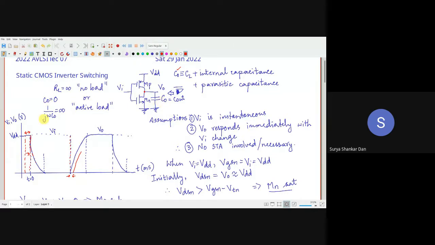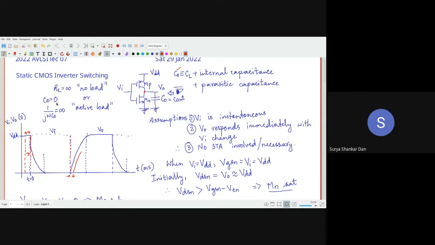That means 1 upon j omega CO will be infinity, so CO will be 0, irrespective of the omega, that is the frequency. Irrespective of the frequency of operation, this is going to offer an infinite resistance. That's how CO becomes equal to 0 theoretically.